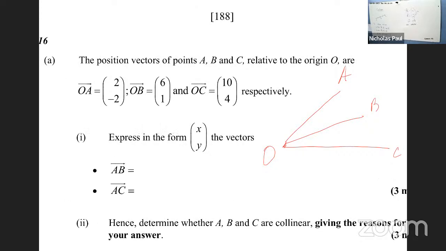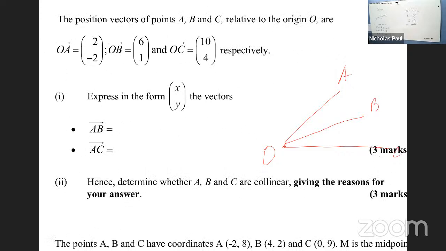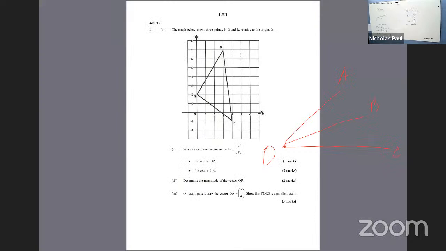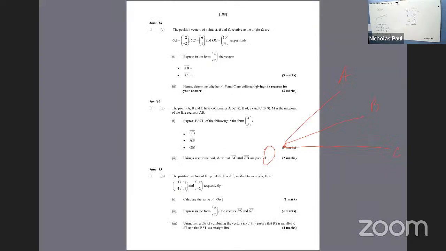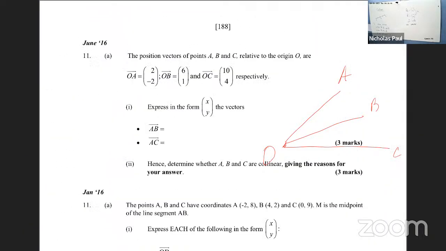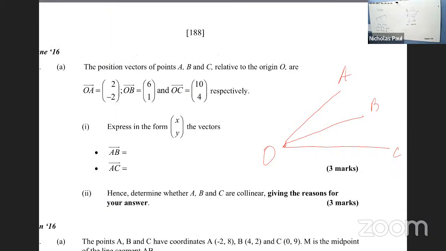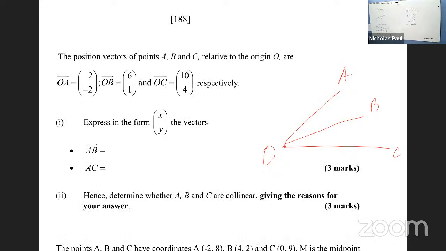So we draw a line A to B. A to B will be A to O plus O to B. So that'll be negative 2, 2 plus 6, what?